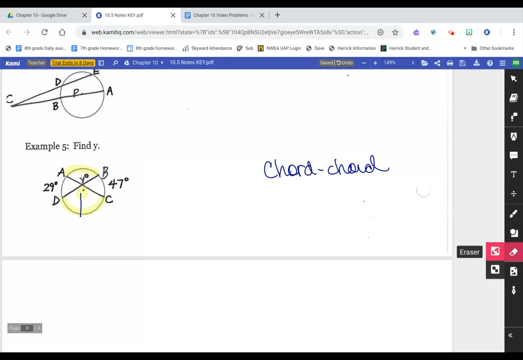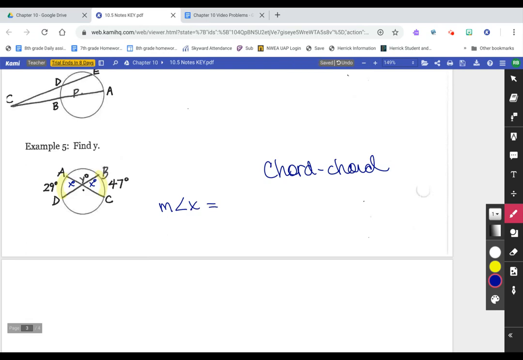What I do know is that the arcs for AD and BC are 29 and 47. So what I'm going to do is find the measurement of, let's label this X. And obviously it's X over here too, because they're vertical angles. So the measurement of angle X is going to equal half the sum of those two intercepted arcs.